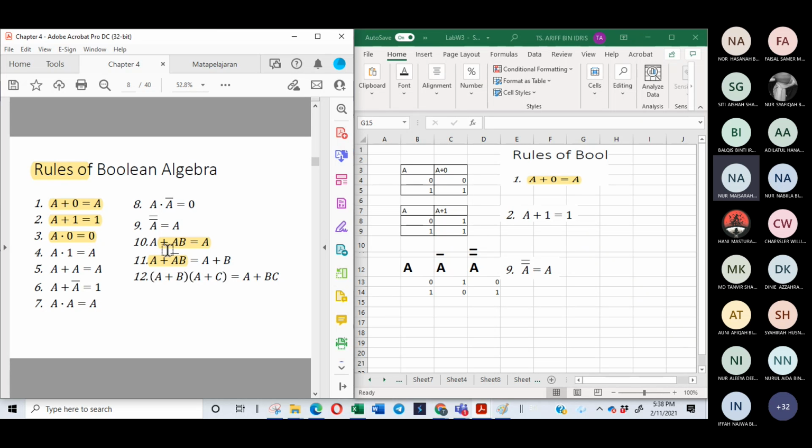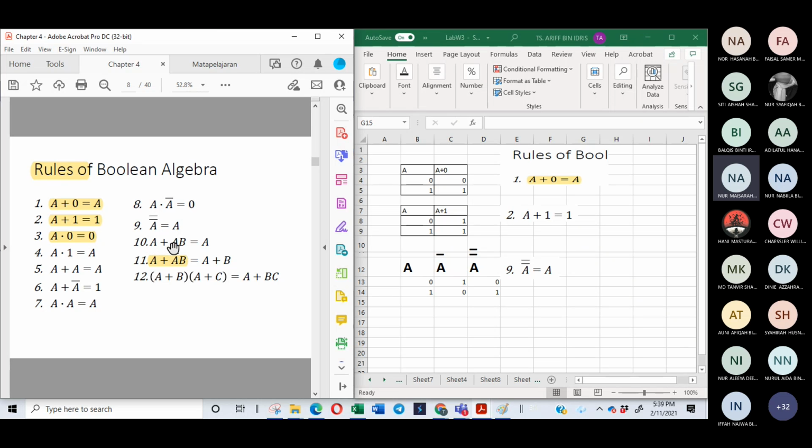What can you conclude from this? What can you conclude from rule number 10 here?